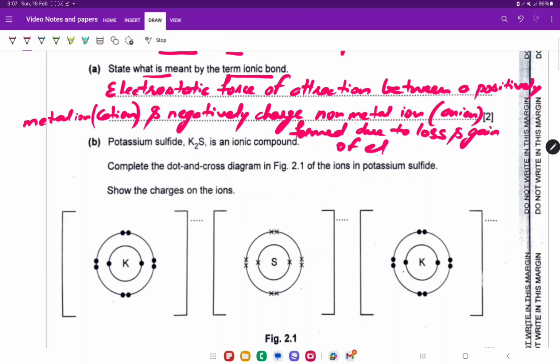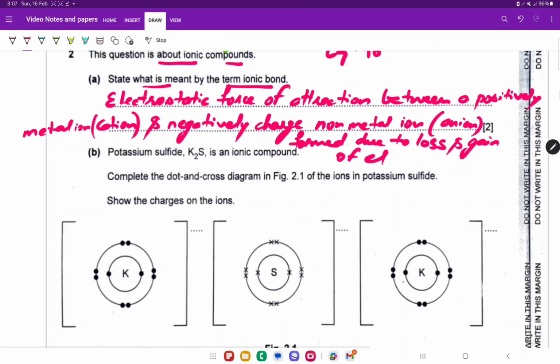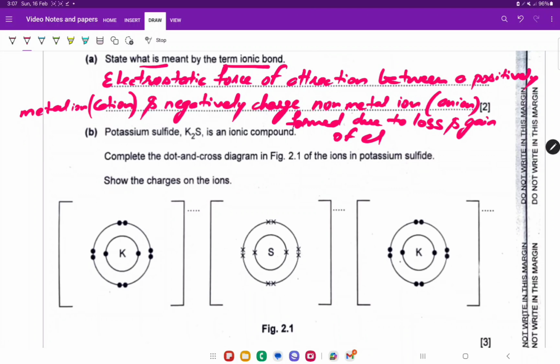Okay, you can also write complete transfer of electrons from one atom to another. This is the definition of ionic bond, for which I should get 2 marks if I write all this.